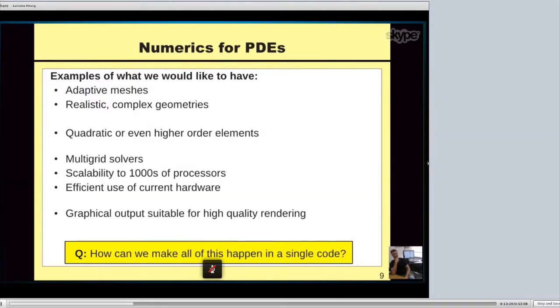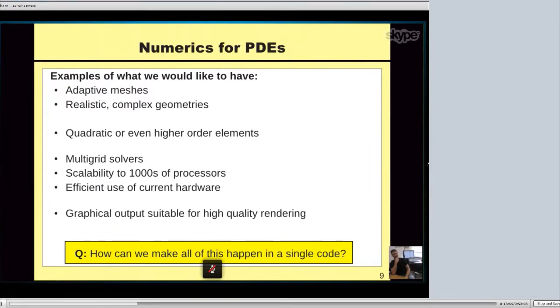So how do you use this efficiently? And then the final point is that even once you have your solution, you still want to visualize it somehow. And so you want to produce your output in file formats that are suitable for high quality rendering. So you want to use formats that allow, for example, 3D rendering, or just use any of the, let's say, advanced visualization tools that we have today.